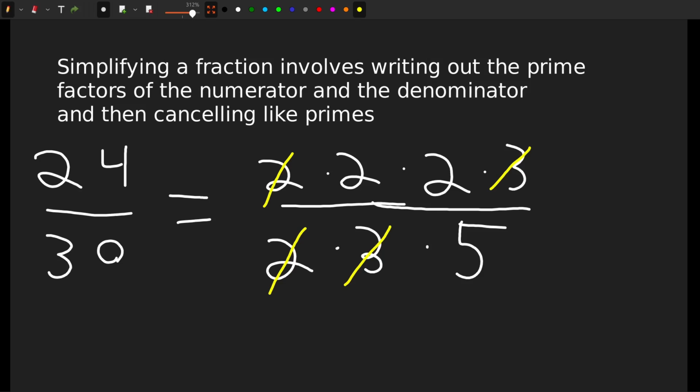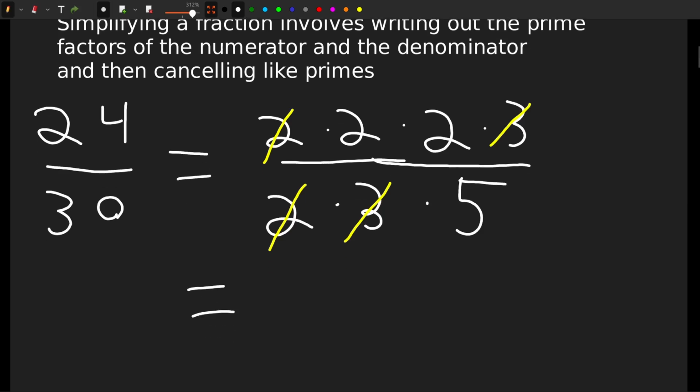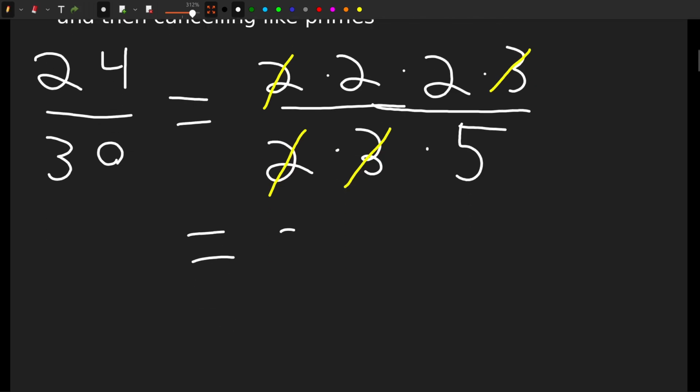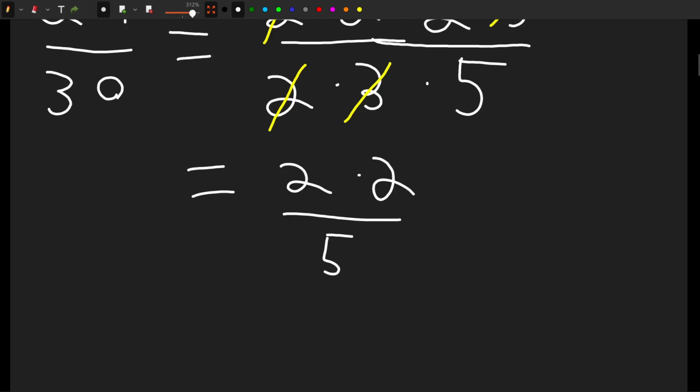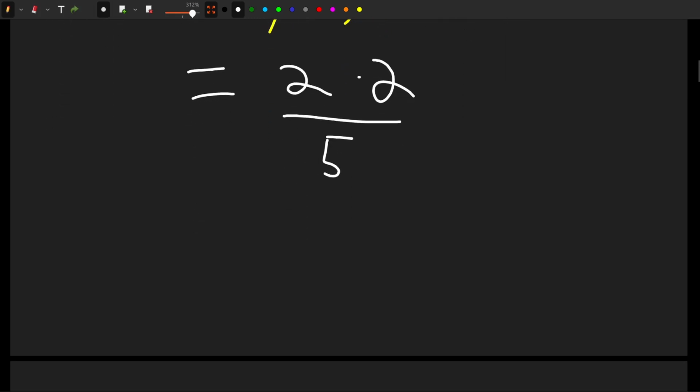And so what we're left with is our fraction is now 2 times 2 over 5. Since we can't simplify anything else out, 2 times 2 becomes 4. The bottom remains 5.